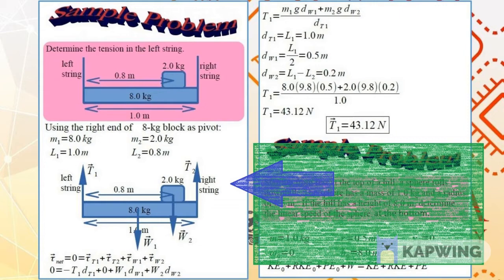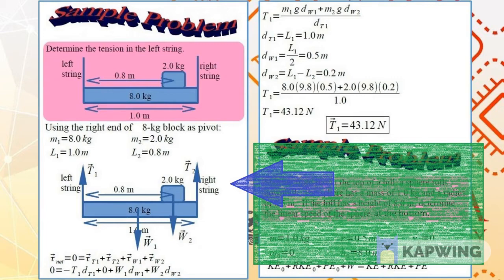So let's say we use the right end of the 8 kilogram block as the pivot point for our analysis. Let M1 be 8 kilograms, M2 be 2 kilograms, let 1 meter be L1 and 0.8 meters be L2.